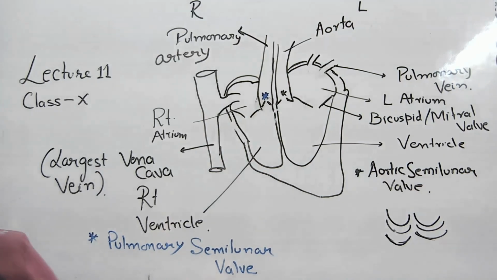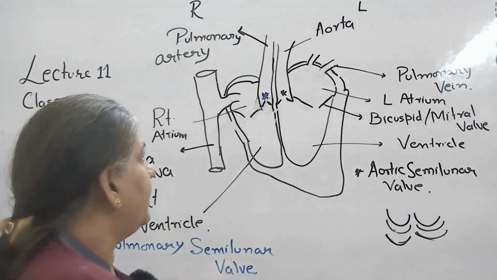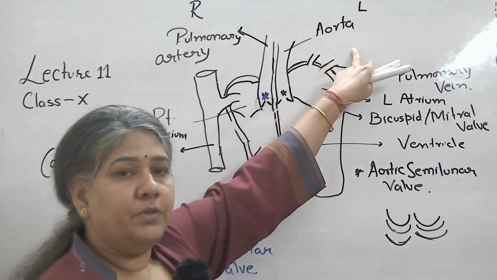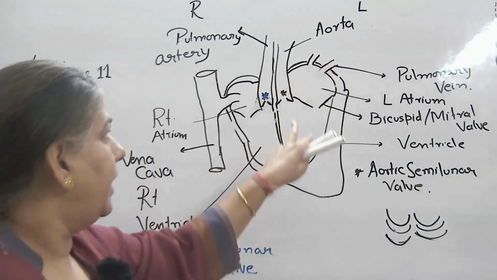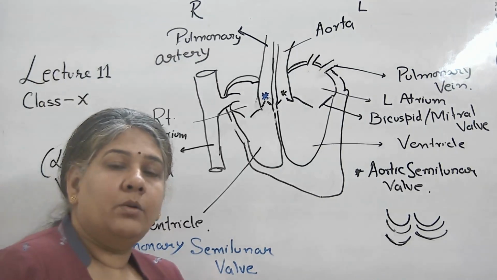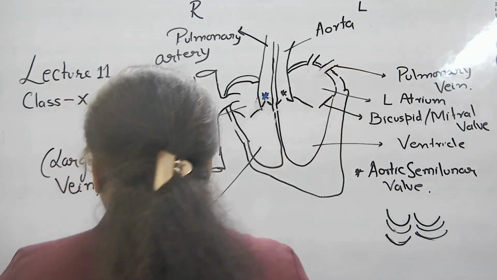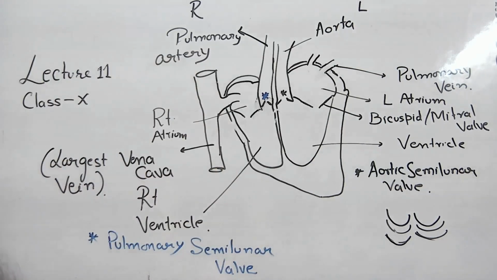Okay, let's see how blood flows in the heart. See, the left side of the heart is carrying oxygenated blood, which is usually shown by red color. So oxygenated blood is coming from the lungs.